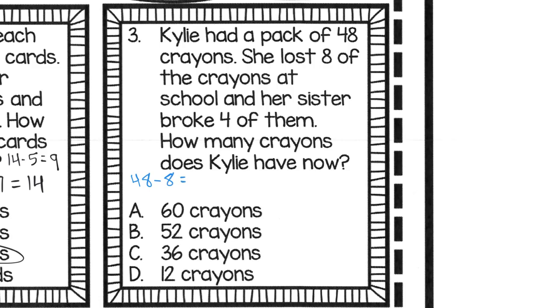What is that? 48 minus 8. 40. And her sister broke 4 of them, so you're going to lose another 4. 40 minus 4 is 36. She has 36 crayons left. So that was a 2-step because we had to do 1 subtraction and then we had to do another subtraction.